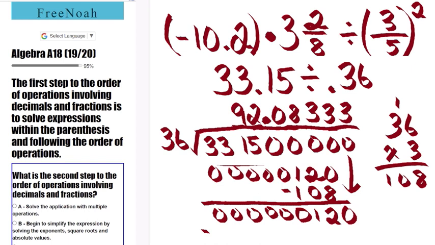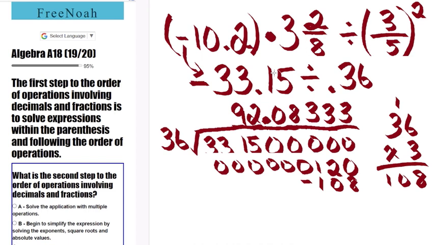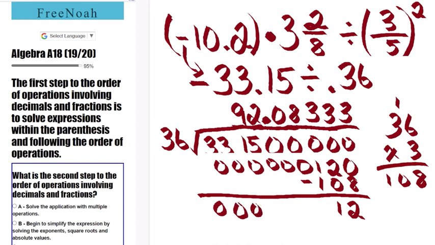Here we go. Let's not forget the negative sign on the negative 10.2 in the original quotient. So now we have 12. And just for the sake of it, let's write more zeros here, just to stay organized, and finalize it with one more 0 just to see the pattern.